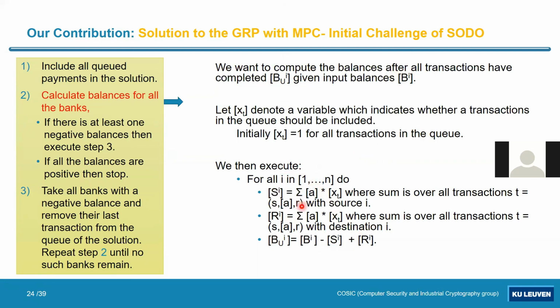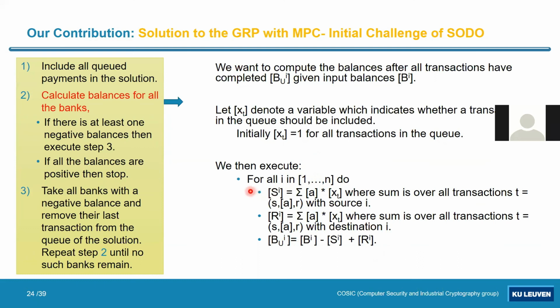Then, using these equations here, we can calculate the new balance of bank i. Here you can see that a_t is the amount of transactions, and this x_t is the variable that I mentioned before.